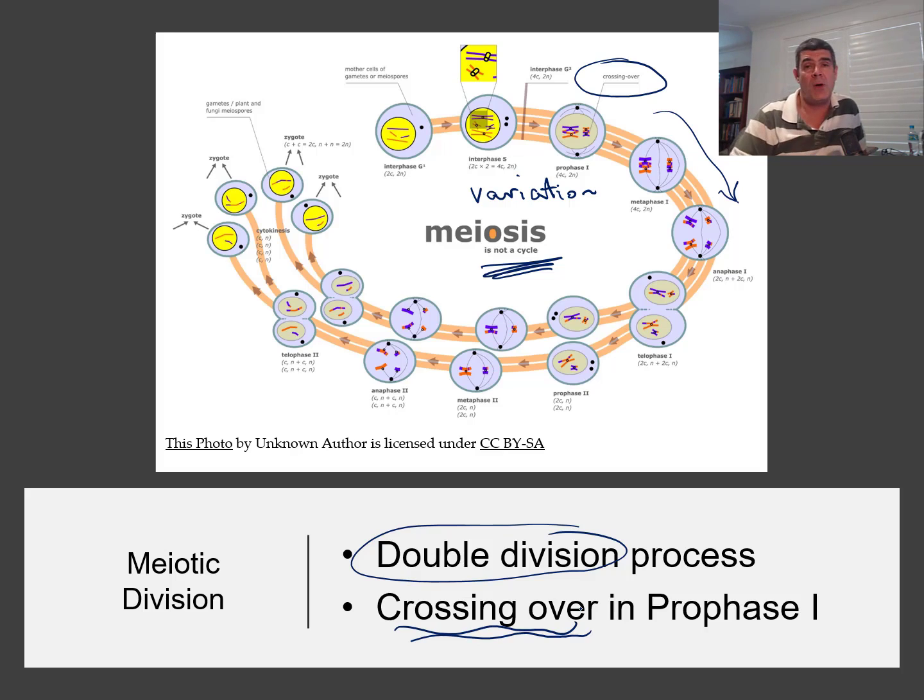Now, when we talk about modeling, we'll also talk about phenomena such as random segregation and independent assortment. These are terms which we'll introduce in later videos, but they are also ways in which the process of meiosis introduces additional variation into the species, and therefore it's very important for the continuity of the species and its ability to survive and adapt to different types of environmental changes that may occur.